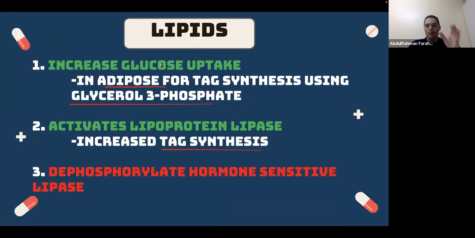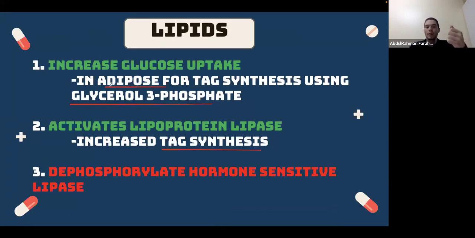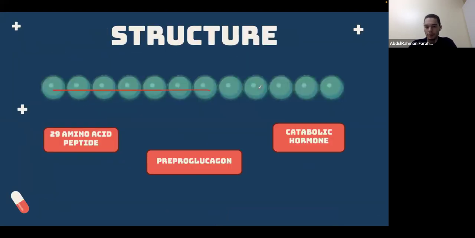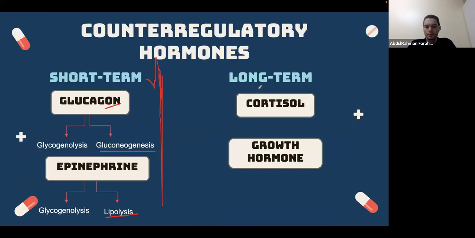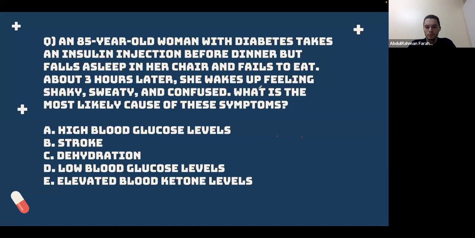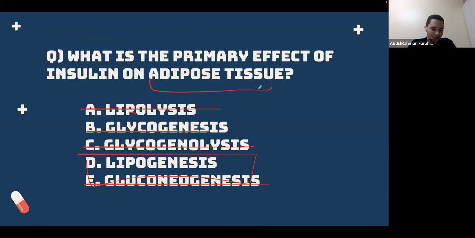So we said it increases glucose uptake in adipose and muscles through GLUT4 transport. And on the lipids, it says that it increases glucose uptake in the adipose tissue for triacylglycerol synthesis, or essentially lipogenesis, synthesis of lipids. Hope it makes sense.